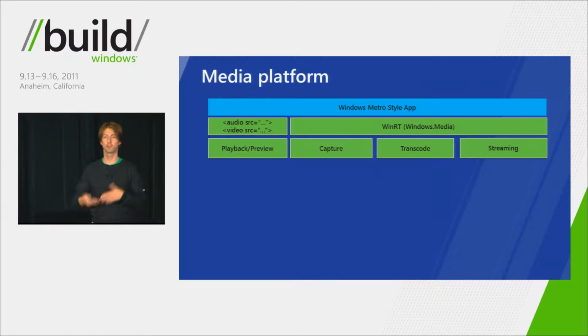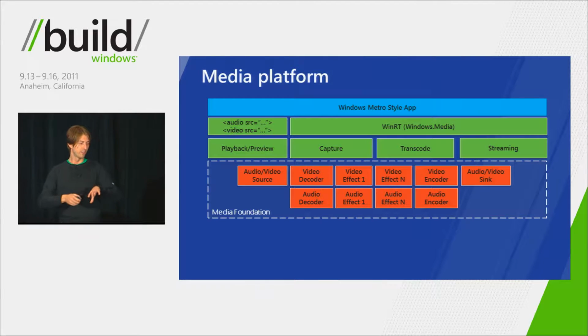And we do this by exposing them in a very nice, easy-to-understand namespace called windows.media. And we'll talk about that in a little bit going forward. But basically, they break down into capture, transcode, and streaming. And the media foundation in Windows is the underlying gobbledygook that you don't have to worry about when writing Metro-style applications.